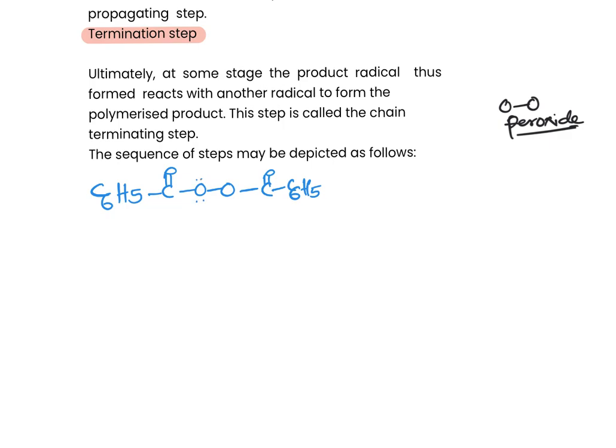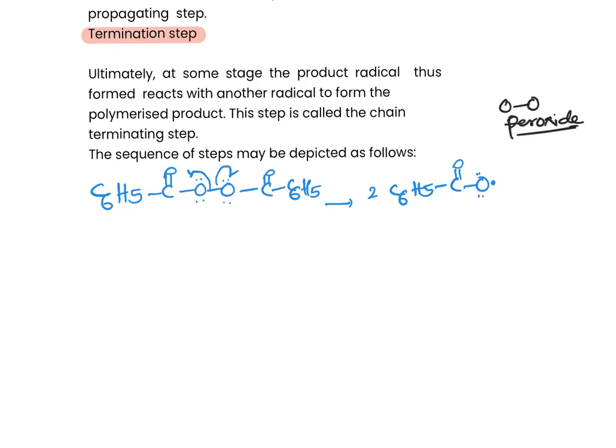This bond is weakened because of the lone pairs. It undergoes homolytic cleavage and breaks like this, giving 2 moles of C6H5C double bond O, with a lone pair and an unpaired electron, a free radical.